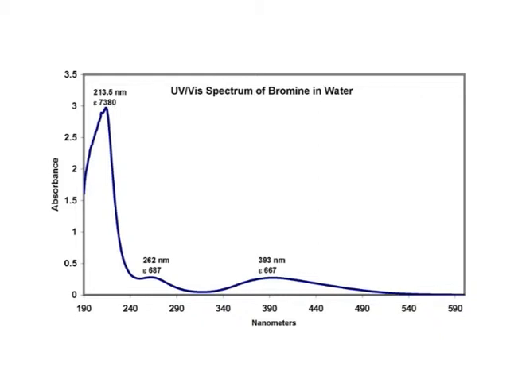UV visible spectra generally consist of a broad band of absorption rather than a single sharp line for each such transition. The band-like structures of UV visible spectra arise due to the transitions taking place over a wide range of wavelengths rather than a single wavelength. This can be explained on the basis that each electronic energy level in a molecule consists of closely separated vibrational and rotational energy levels.